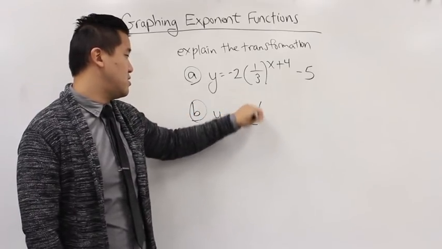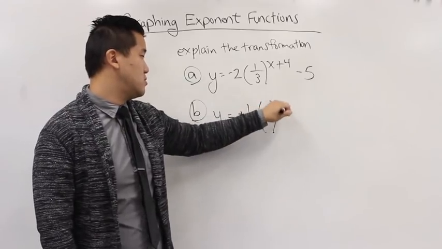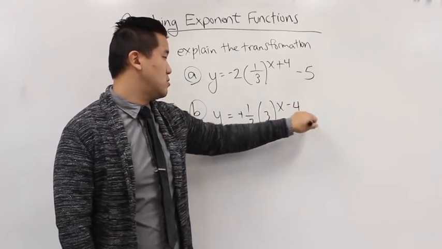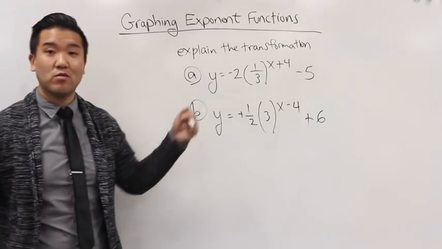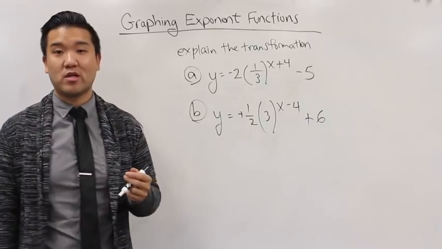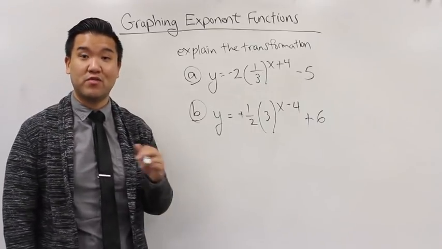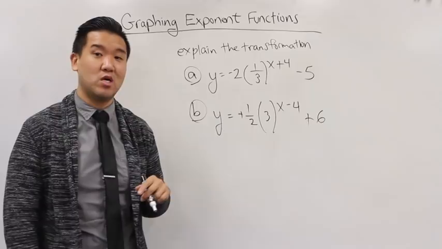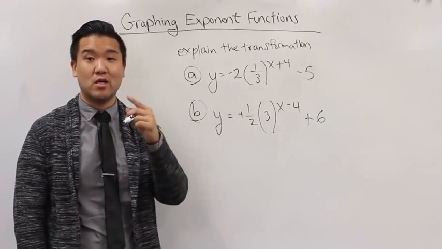Let's do positive there. So 2 problems. Tell me every transformation that's occurring. This is always important because it's a good way to check your answers after you graph. So that's our advanced problem. So try this in about 30 seconds to a minute. Go.